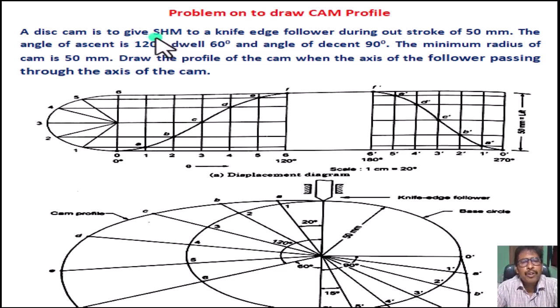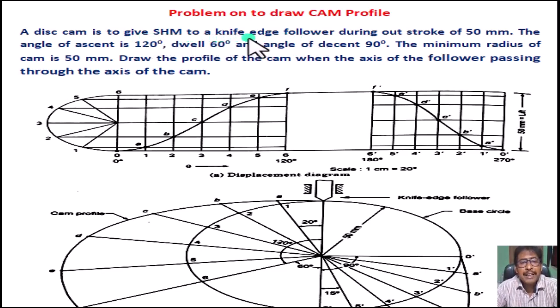We know there are various types of follower motion such as SHM, simple harmonic motion, uniform velocity, uniform acceleration and deceleration, parabolic motion, and cycloid motion. But in our problem, the follower motion is SHM.